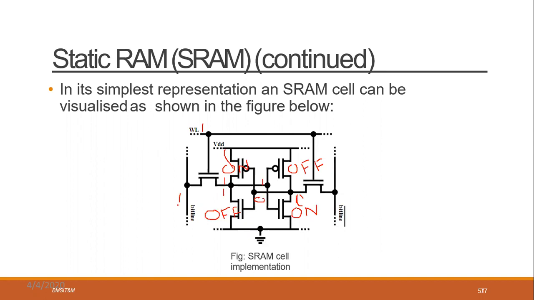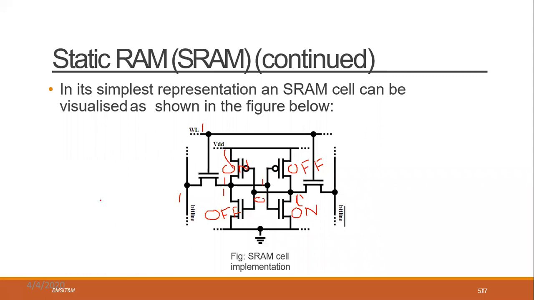I wanted to write 1 to this memory location, so 1 is circulating between these inverters. So this 1 is stored in this memory location. Is it clear? I wanted to write 1 to the memory location, and this 1 will be stored in this memory location.